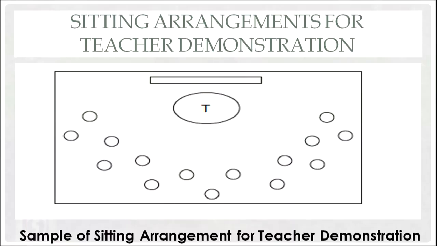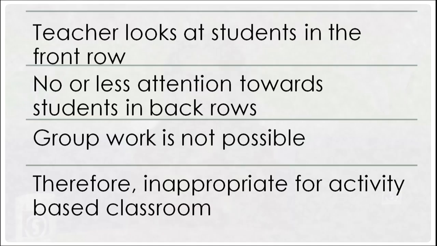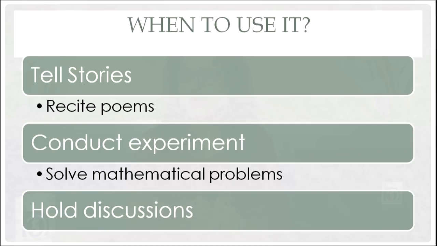If you see here, the small circles again represent the children, and the bigger circle with T written is you as a teacher. Every child is placed in such a manner that he or she can look at the teacher directly, and hence they are closer to the teacher and can also hear them.